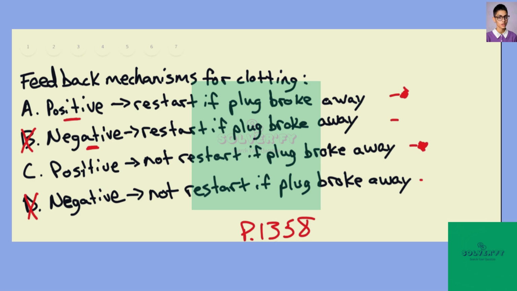So by them going to the wound, extending projections and releasing things, and those things being released creates more platelets or clotting factors to come, we can immediately say that this is a positive feedback loop. Right? So we can eliminate both B and D.